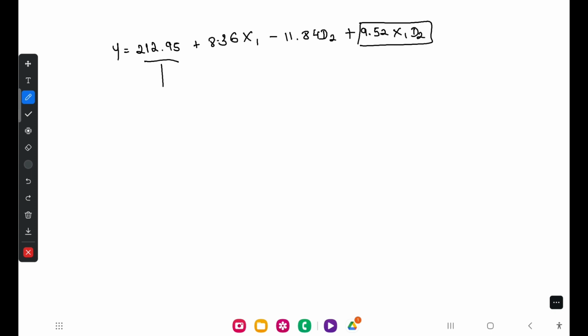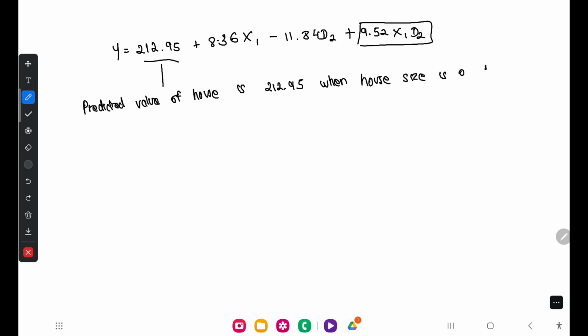Okay, so 212.95 is basically the predicted value of your house when house size is 0 and the house doesn't have a garage.